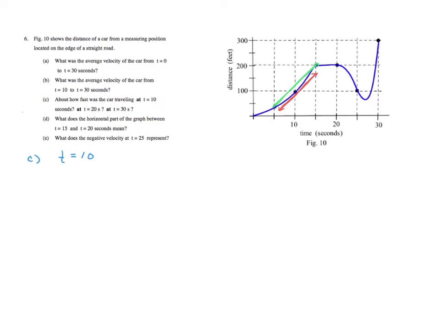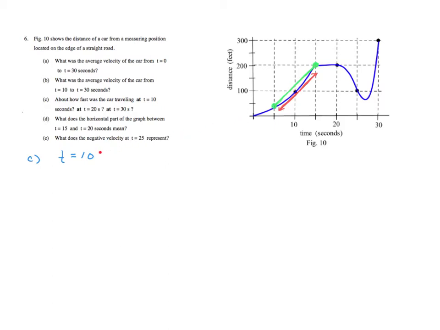I'm going to choose to use the green line just because it goes through a couple of points that I can refer to. So my thought process here was I first drew a tangent line, and then I noticed I need some nice points to refer to if I want to figure out the slope of this line. So I just shifted it up a little bit, and I got this.